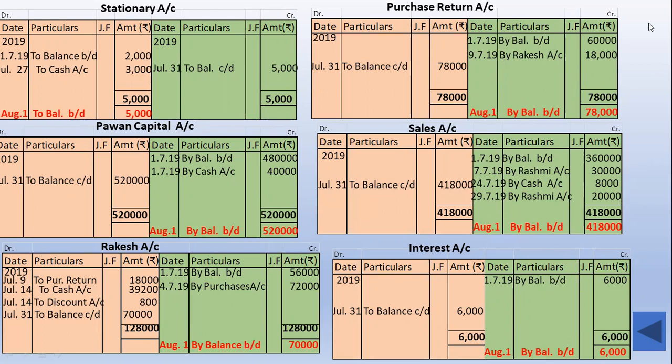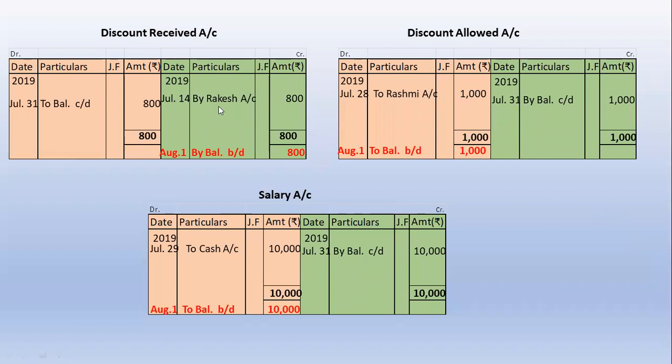Even in this slide, the credit figure of discount received, that is of 800, is to be posted to trial balance credit side, and the rest of the figures of this slide, discount allowed debit figure and salary account debit figure, are to be posted to trial balance debit side.